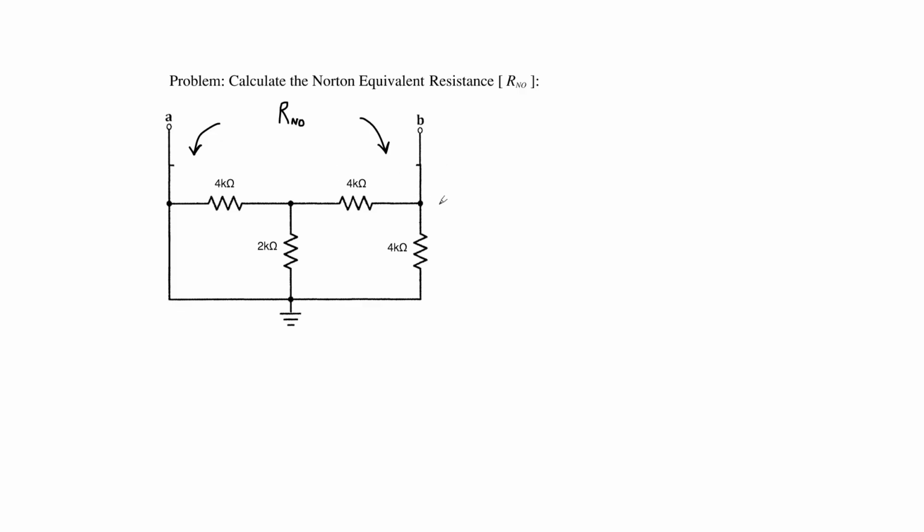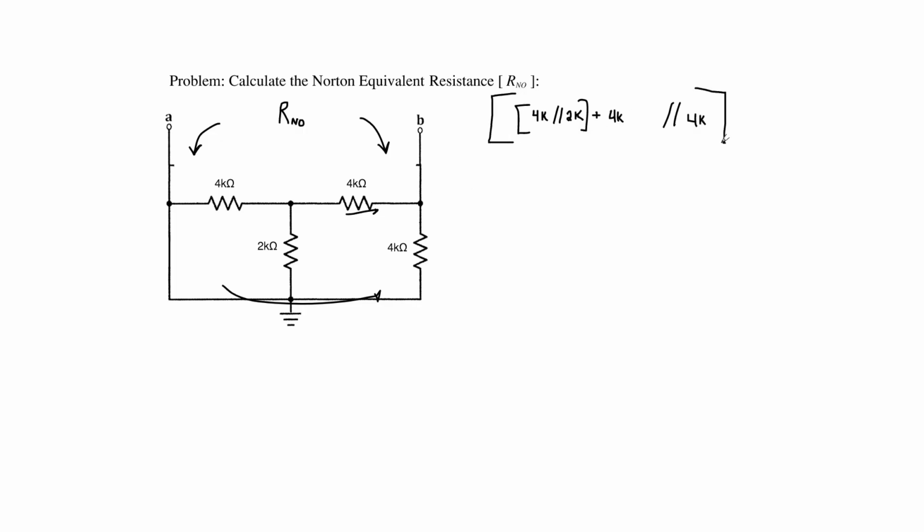Solving accordingly, the equivalent total resistance of this circuit is 4 kiloohms, which is in parallel with the following elements of 4 kiloohms, which is also in parallel with our 2 kiloohm, plus our final 4 kiloohm element.